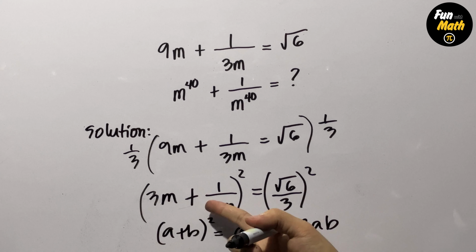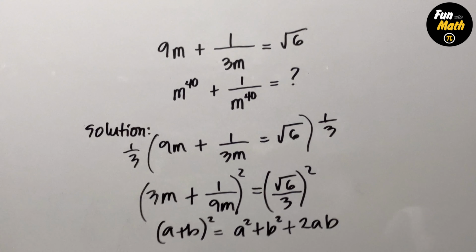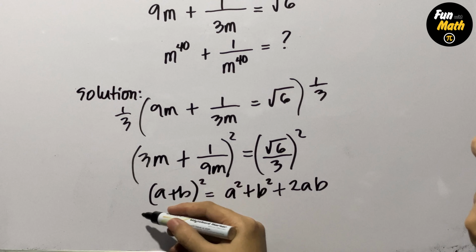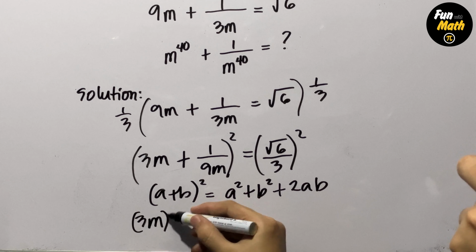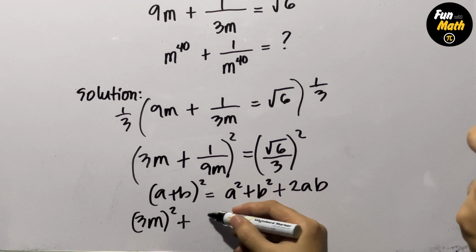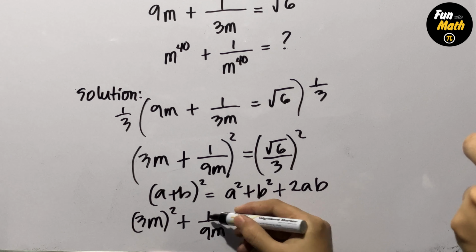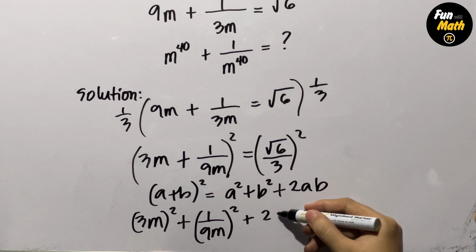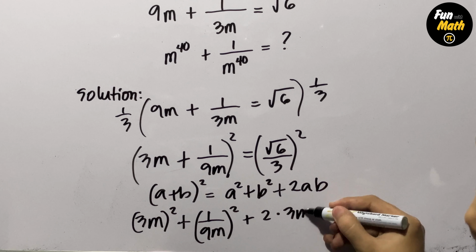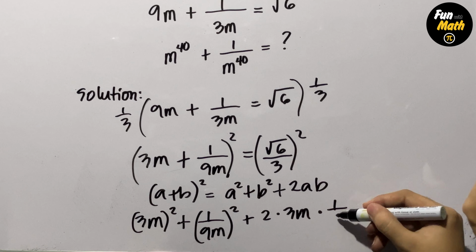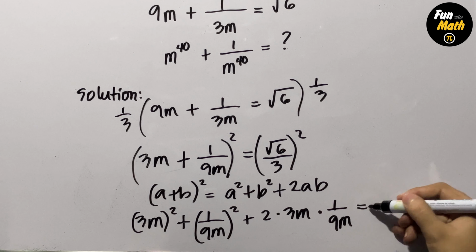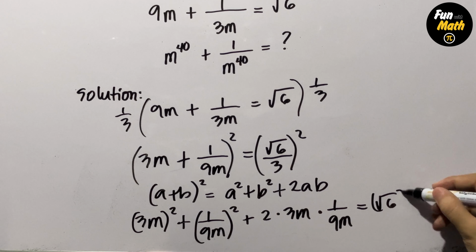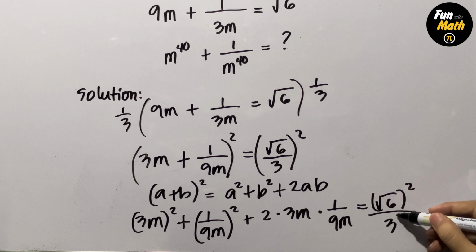So this is now 3m squared plus 1 over 9m squared plus 2 times 3m times 1 over 9m equals, on the right side, square root of 6 squared over 3 squared.